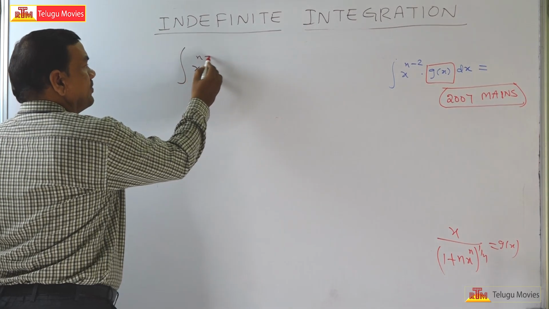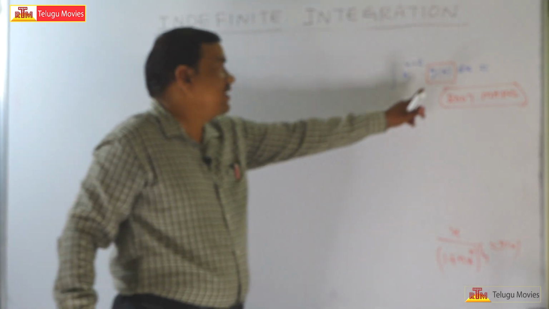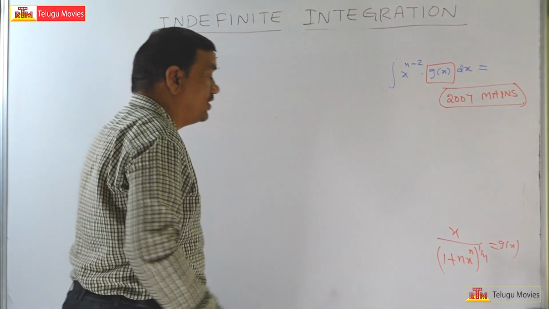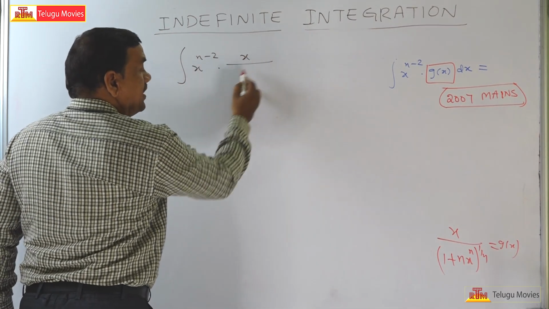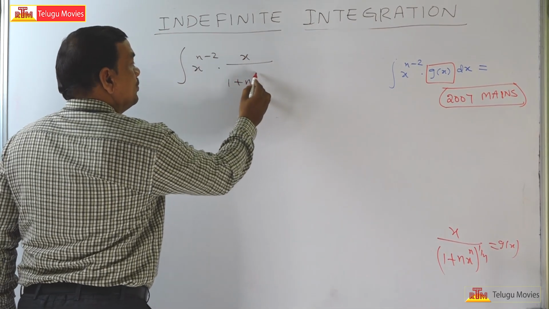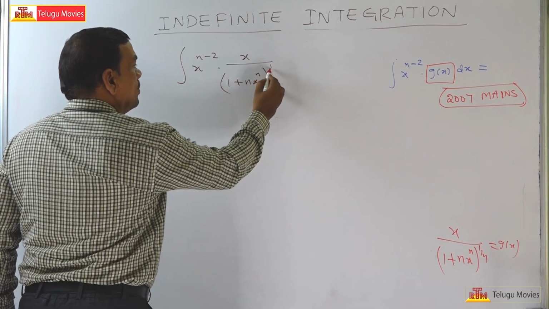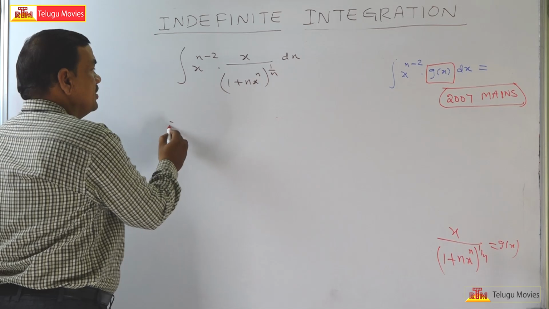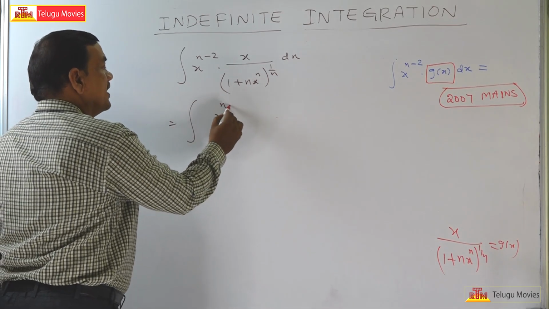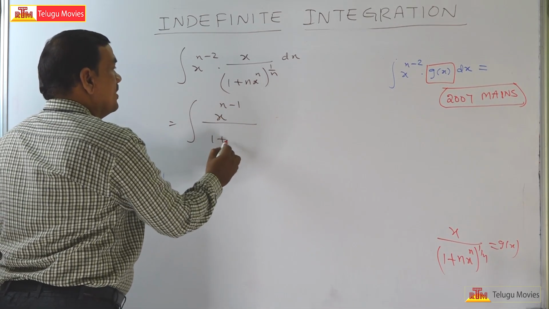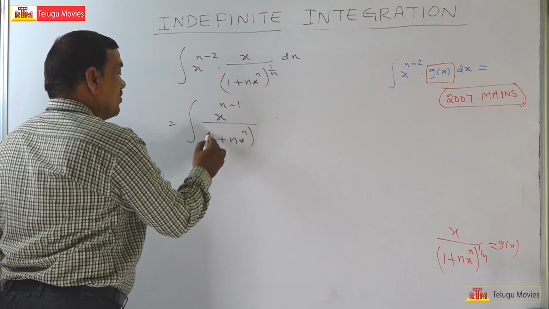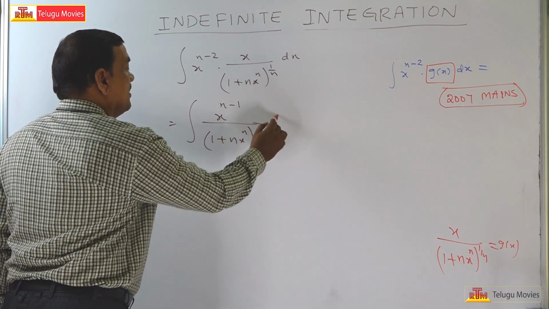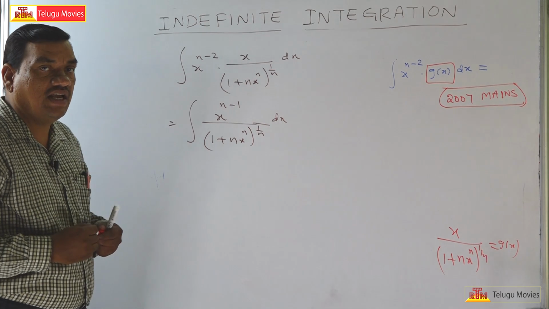So what you have to find out is the integral of x to the power of n minus 2 into g of x. What is your g of x value? We got it as x by (1 plus n into x power n) whole power 1 by n dx. So this is equal to integral of x power n minus 1 by (1 plus n into x to the power of n) whole to the power of 1 by n dx. So let us think logically here.